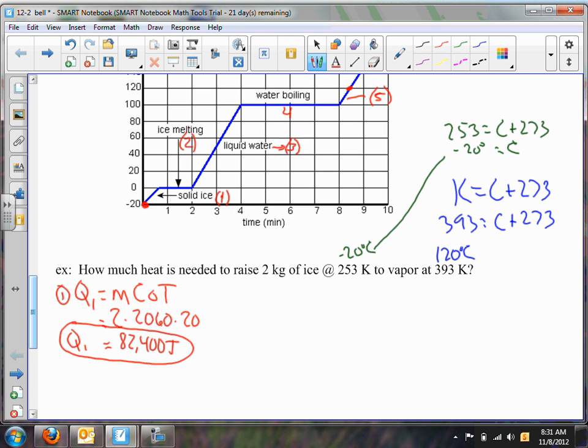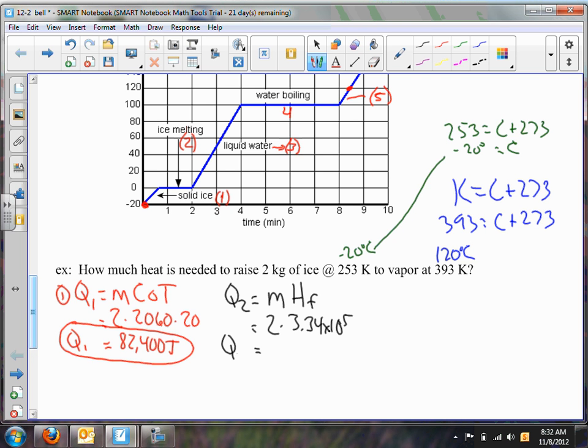Once we're at ice at 0, we need to actually melt the ice. So to find Q2, that's going to have to be the heat of fusion equation, the amount of heat to melt something. Well, the mass hasn't changed. That is still 2 kilograms. The heat of fusion, from table 12.2 in your book, is 3.34 times 10 to the 5th.